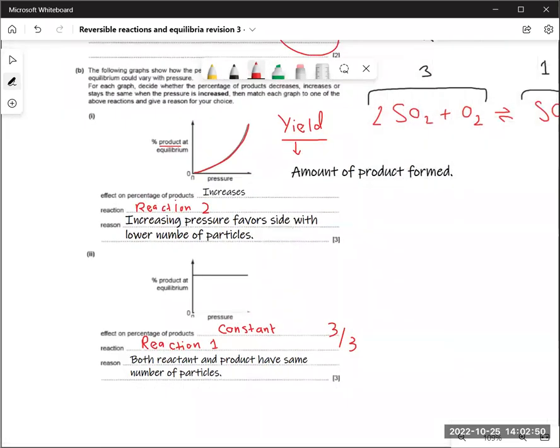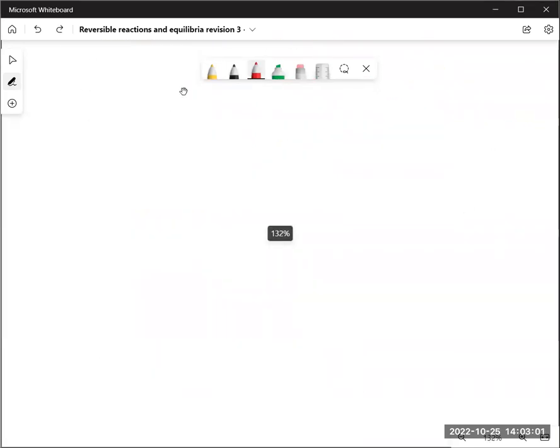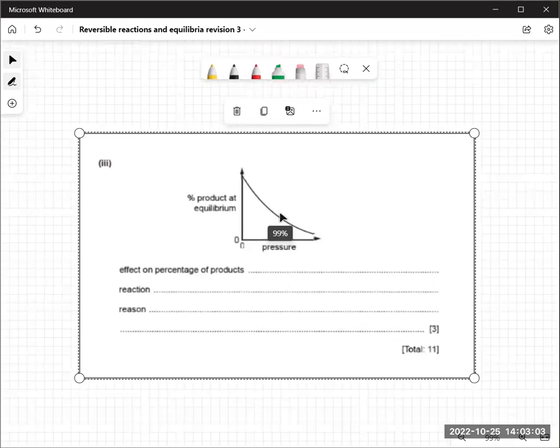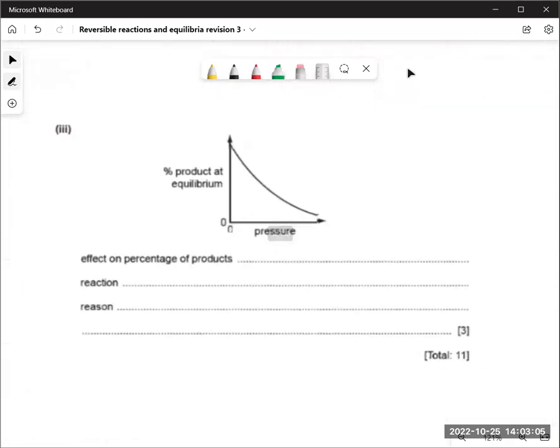Thanks. Now we have one more. In this, another graph, which you have to answer. Now look at the question, read it, tell me the answer. Okay, so the effect on percentage of products, it's decreasing.